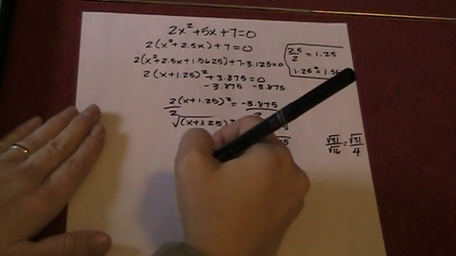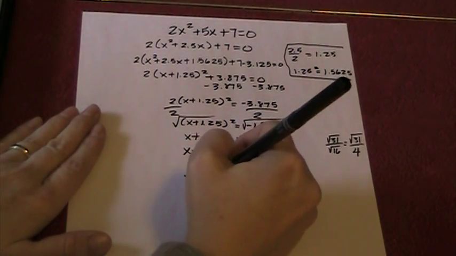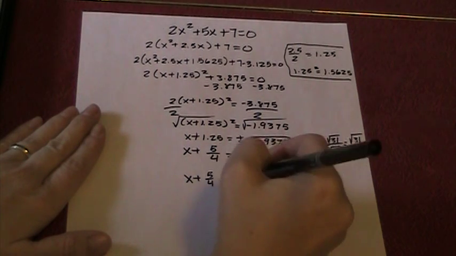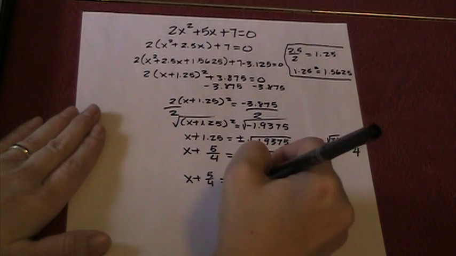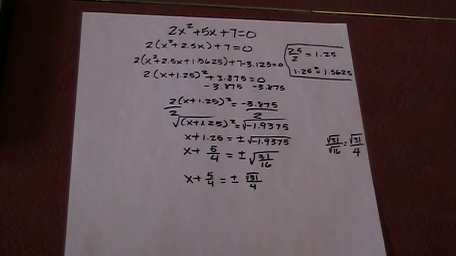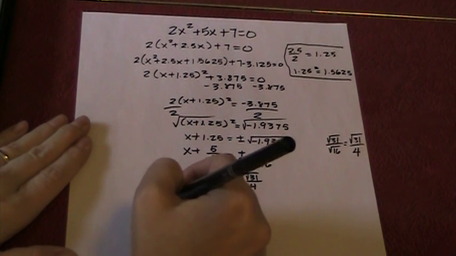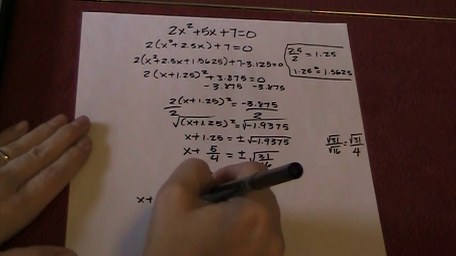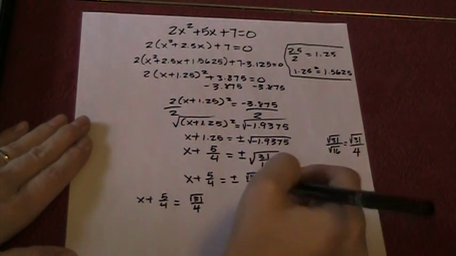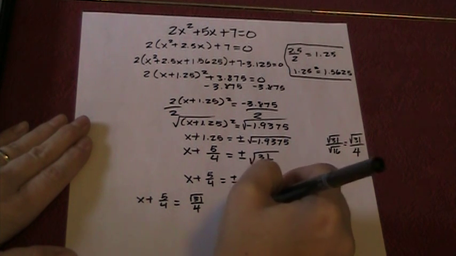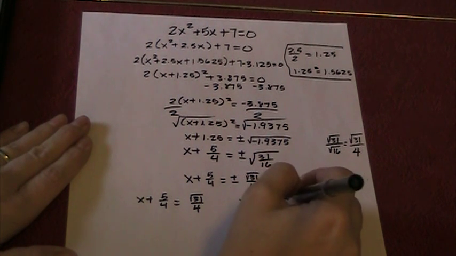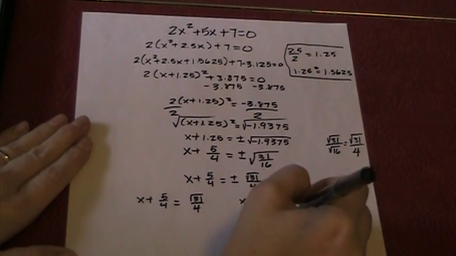And so I can rewrite this as x plus 5/4 equals plus or minus the square root of 31 over 4. And then from there, I would break this into the two cases where x plus 5/4 equals positive square root of 31 over 4, and x plus 5/4 equals negative square root of 31 over 4.